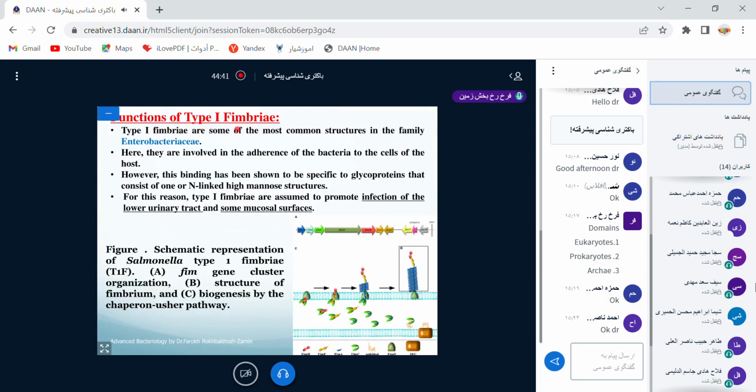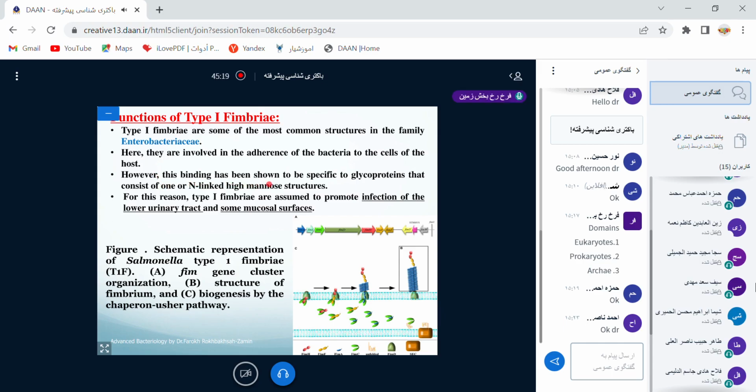Functions of type 1 fimbria. Type 1 fimbria are some of the most common structures in the family Enterobacteriaceae. So this type of fimbria is present mostly in Enterobacteriaceae, like E. coli. Here they are involved in adherence of bacteria to the cells of the host.